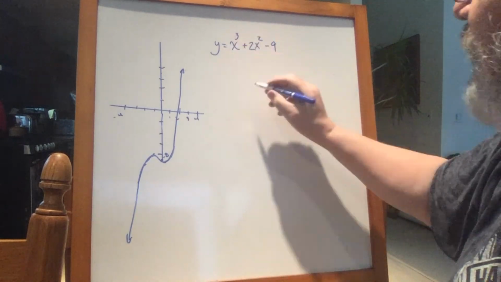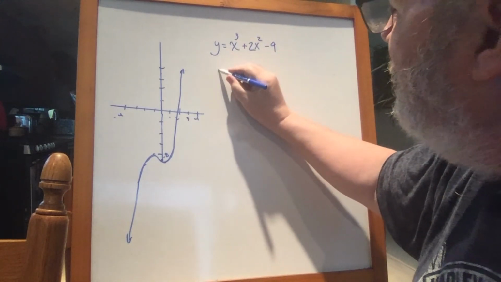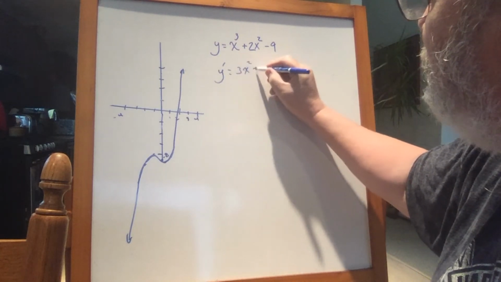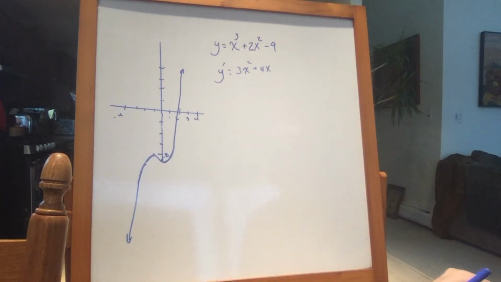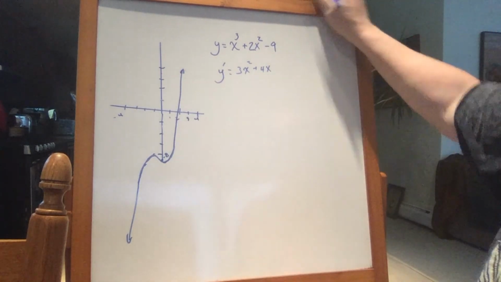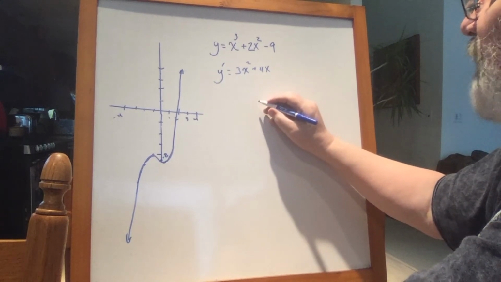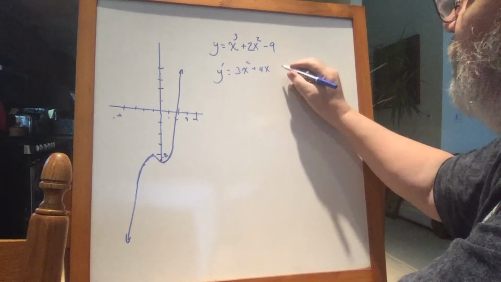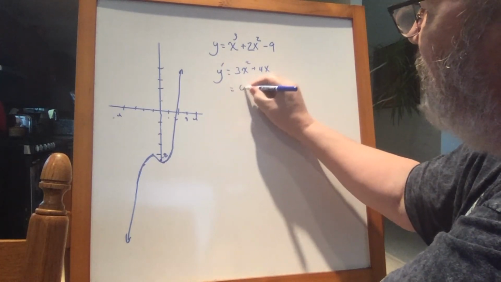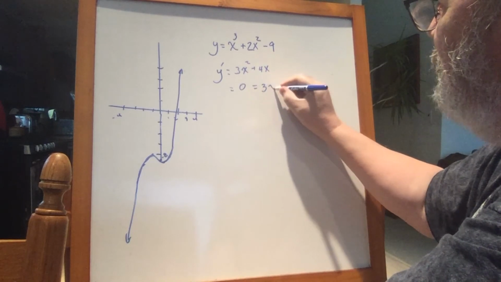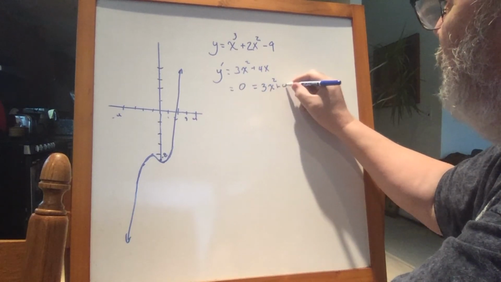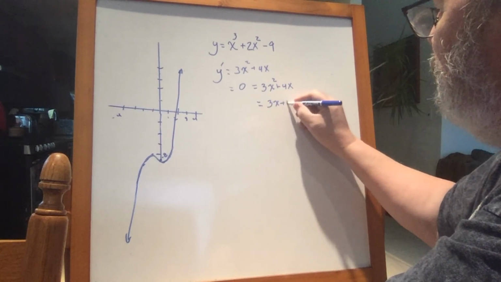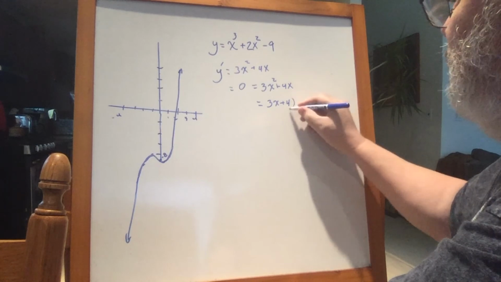So we've got y equals this. So let's, y prime equals 3x squared plus 4x. Okay, so we can factor this out. If we set y prime equal to 0, we have 3x squared plus 4x. If we factor this, we got x times 3x plus 4.